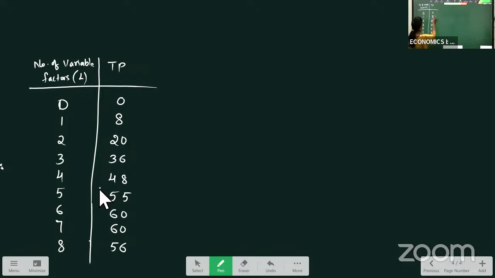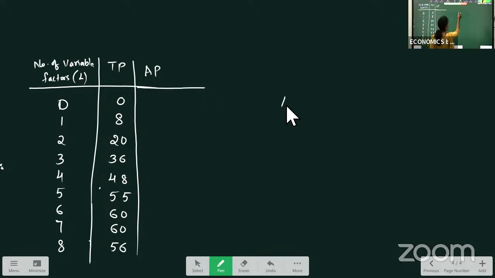After total product, we will calculate average product. What is the formula for average product? Average product is equal to TP by L. You already know, TP divided by L. You will get on an average how much one labor has done.